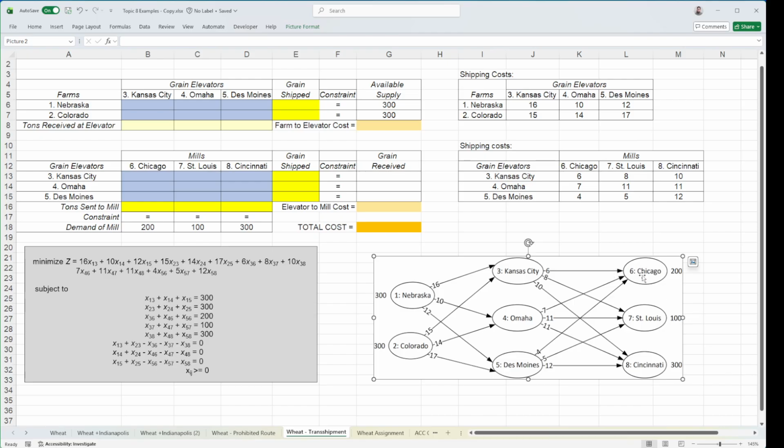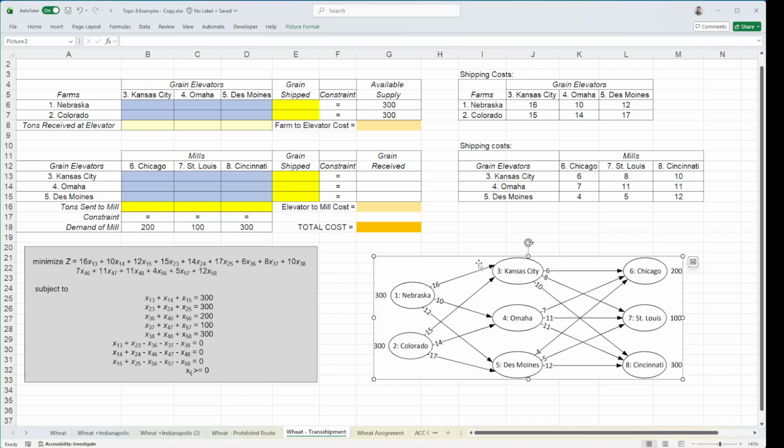For each customer it is the same again. We are looking at the incoming arcs. We add up the associated variables for the incoming arcs, and it should be equal to the demand. For the transshipment nodes, we look at both the incoming arcs and the outgoing arcs. Here we assume that whatever is received by each transshipment node will eventually be shipped out to the customers.